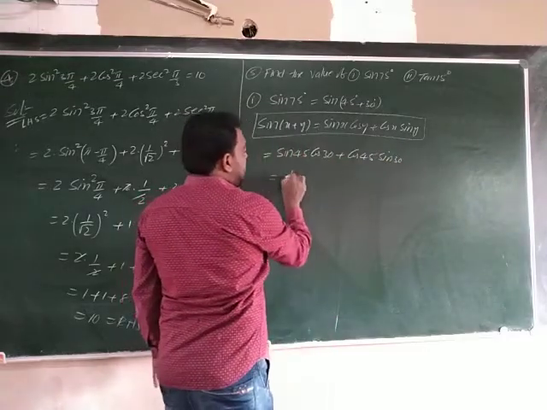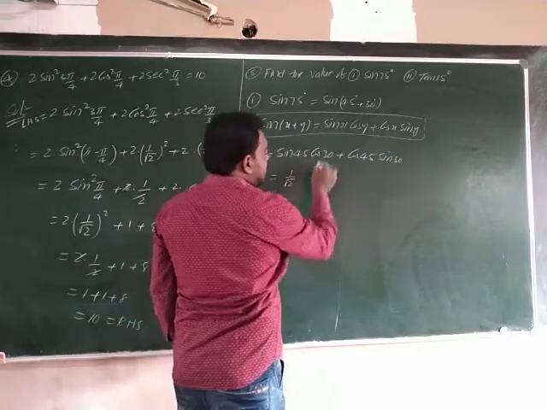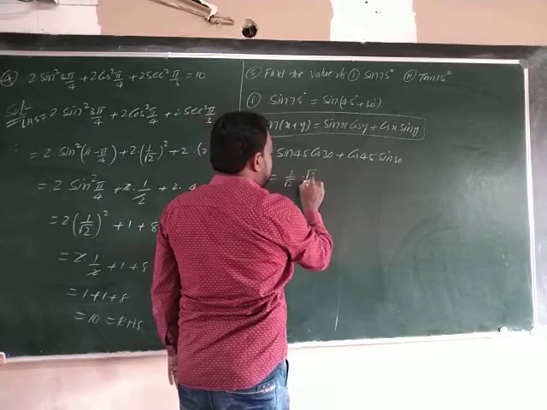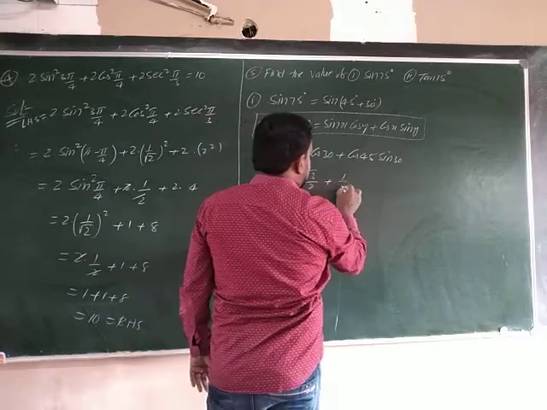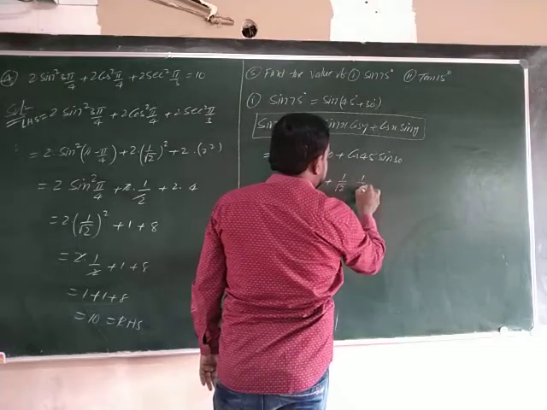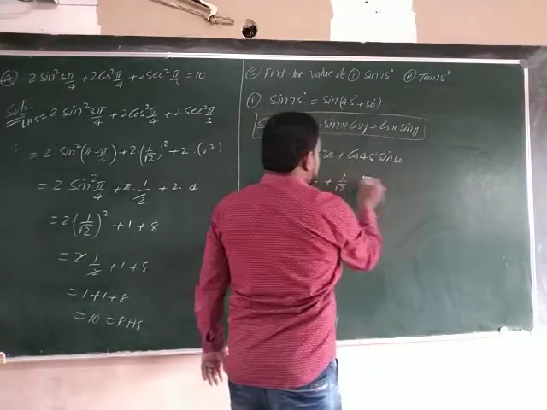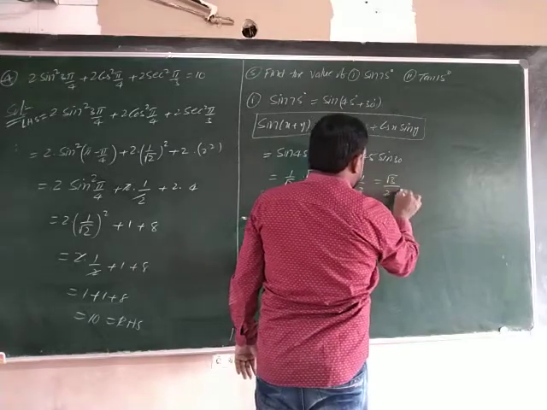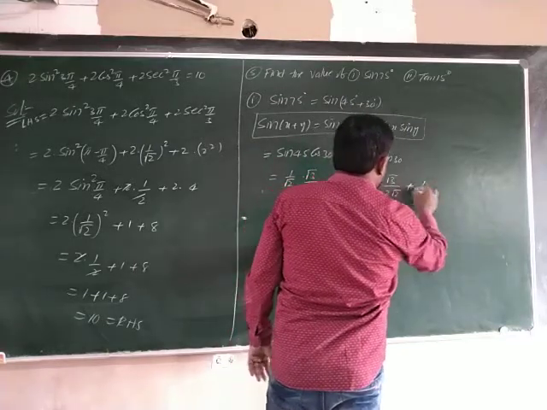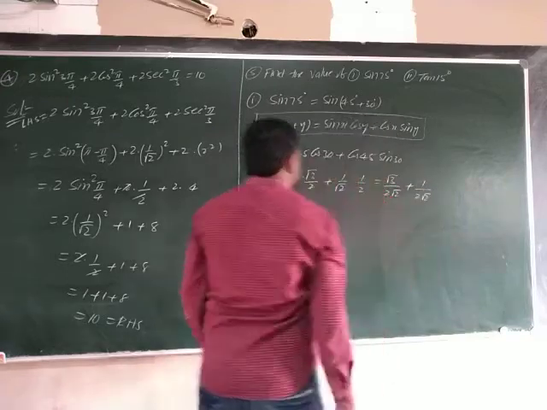Sin 45 value is 1 by root 2, cos 30 value is root 3 by 2. Cos 45 is 1 by root 2, sin 30 is 1 by 2. So this is equal to 1 into root 3 by 2 root 2 plus 1 into 1 by 2 root 2.